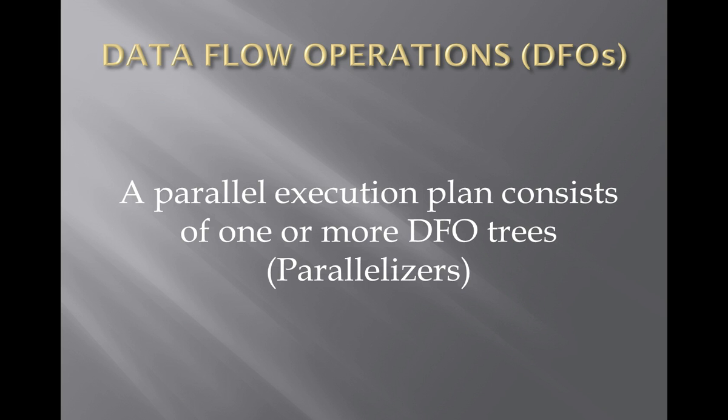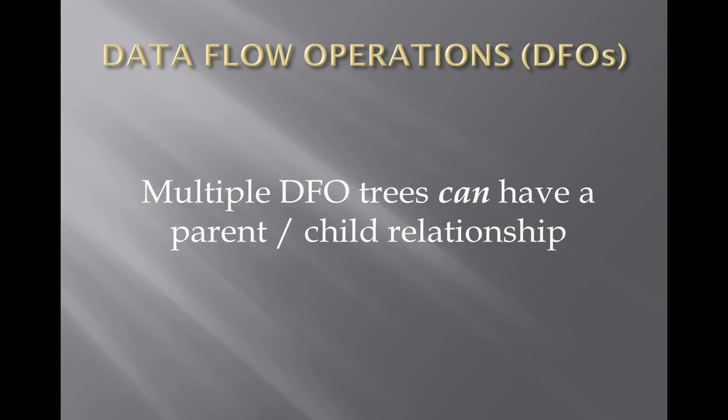And if there is only a single one, then you probably can simply ignore the fact that you deal with a DFO tree, because the side effects and implications about DFO trees become only relevant when we deal with more than a single one. Then, if you happen to have multiple DFO trees in a parallel execution plan, you can have them in a parent-child relationship, but it's not necessarily a parent-child relationship.